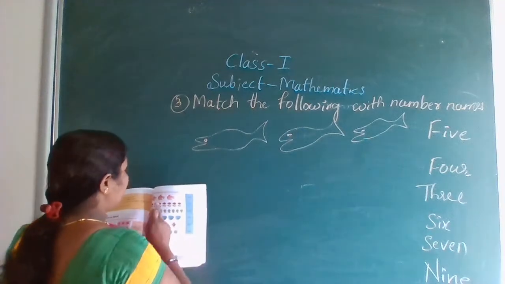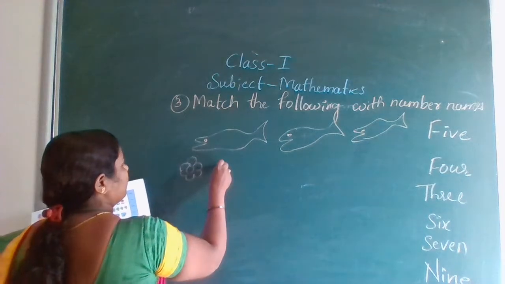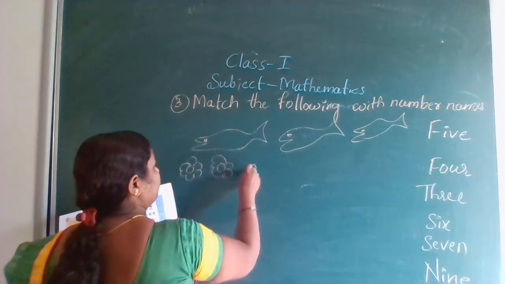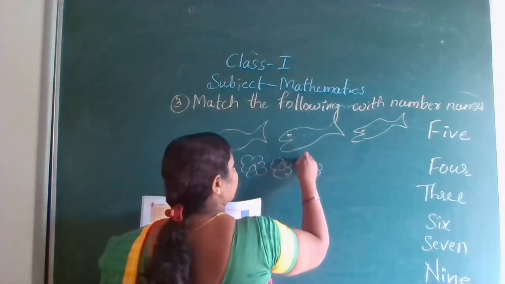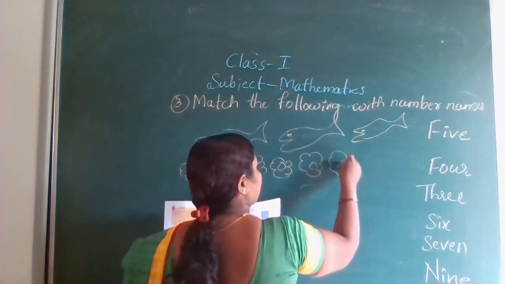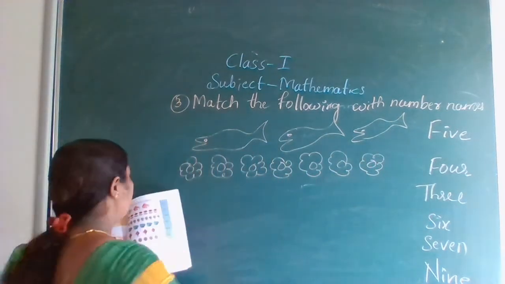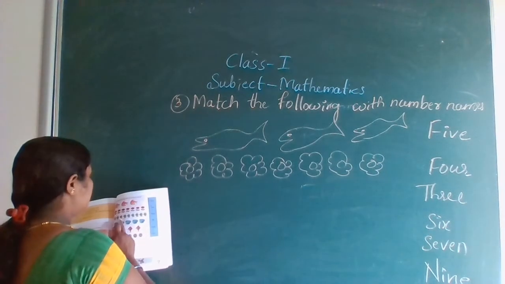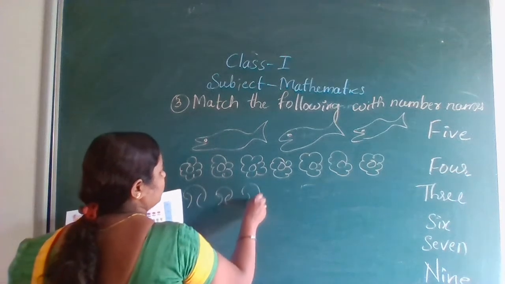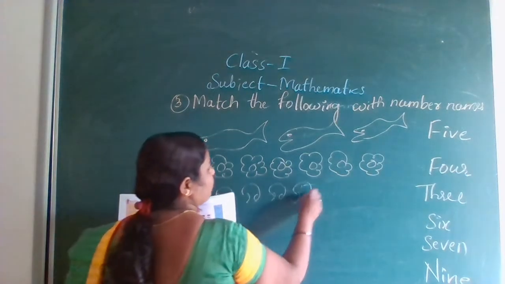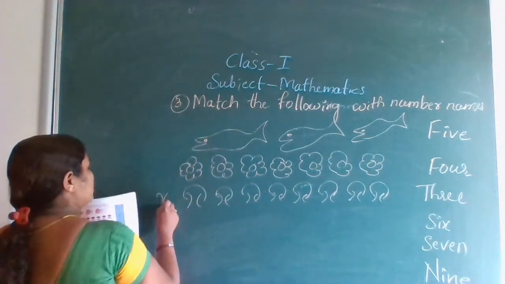Flowers 1, 2, 3, 4, 5, 6, 7 flowers. Then trees. 9 trees. 1, 2, 3, 4, 5, 6, 7, 8 and 9.